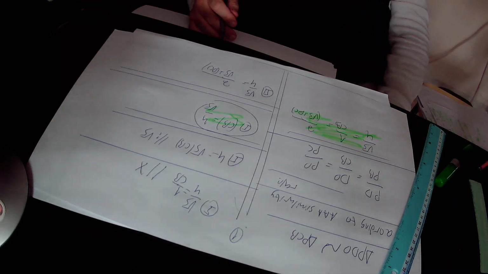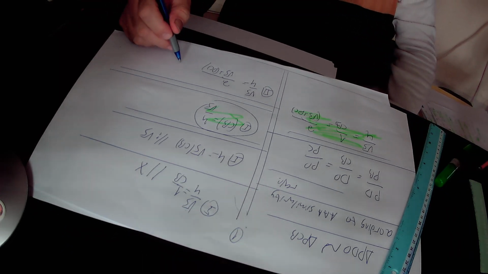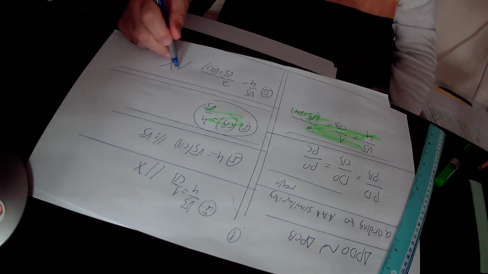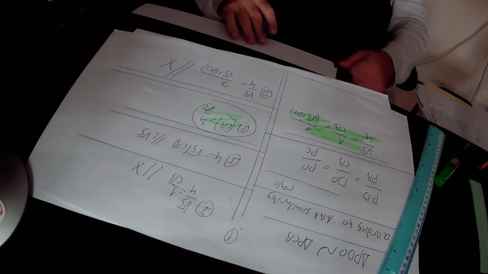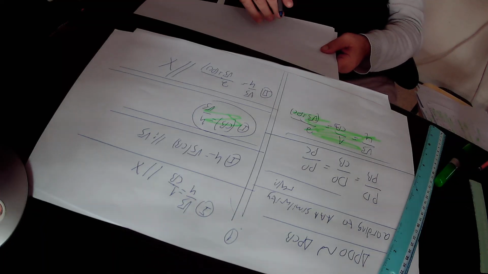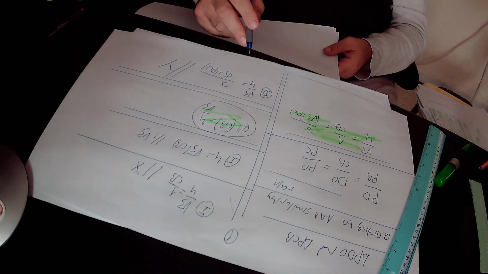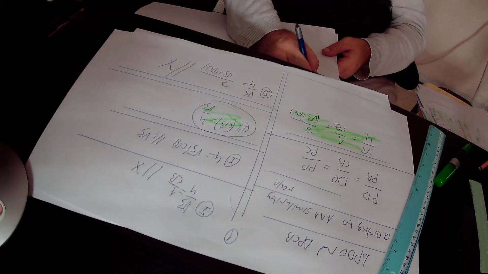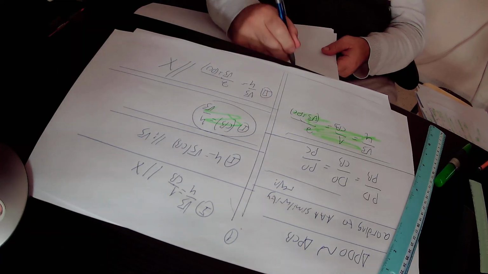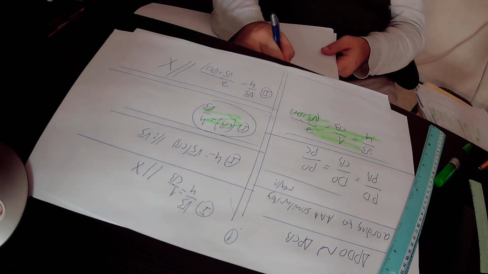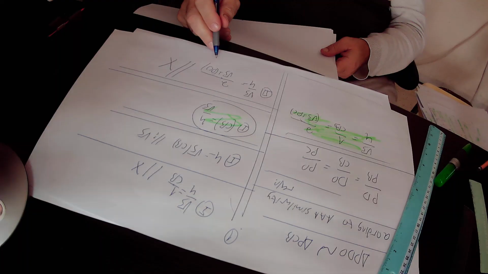Here we cross multiply this equation 2, and we get that according to this equation 2, 4 times 2 is 8, so 8 equals square root of 5 times square root of 5 plus DC.